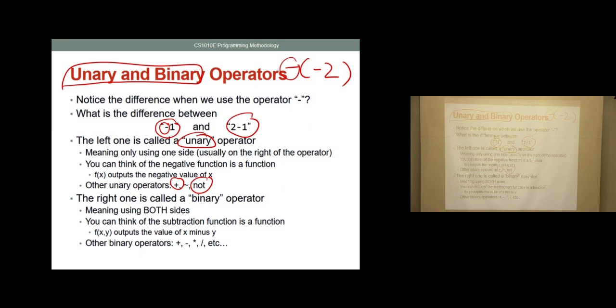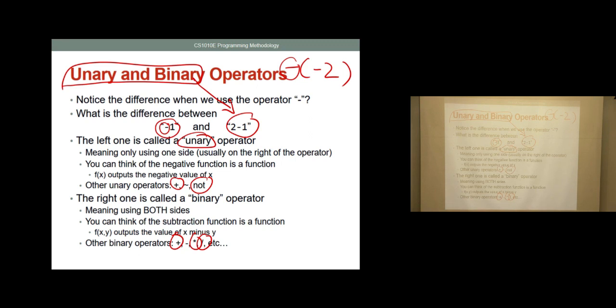The other one is called a binary operator, which means you need both sides. For example, plus, multiply, or division: you need to write A multiply B. You cannot say A multiply nothing. So this kind of thing is called binary operators.